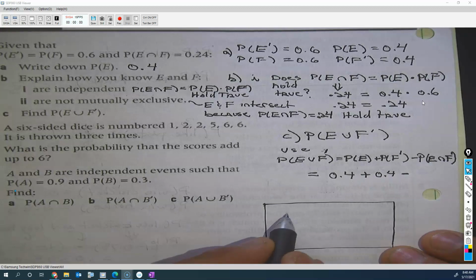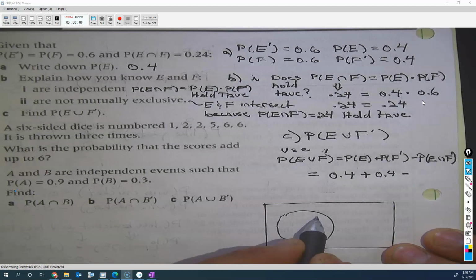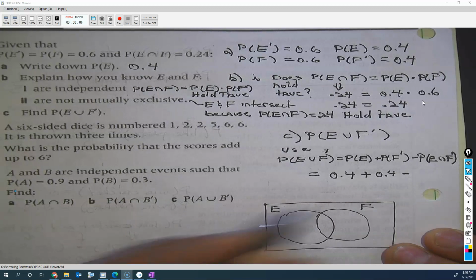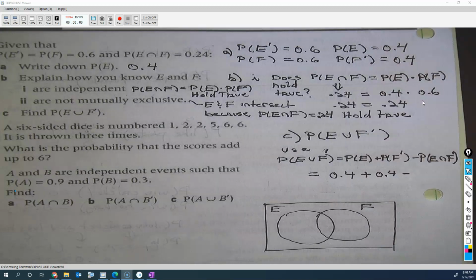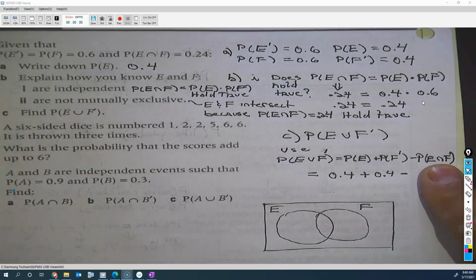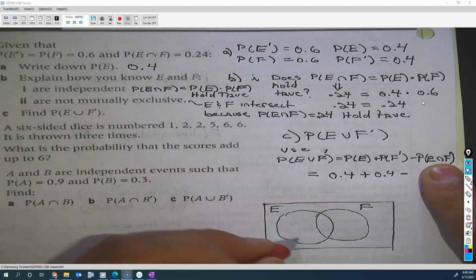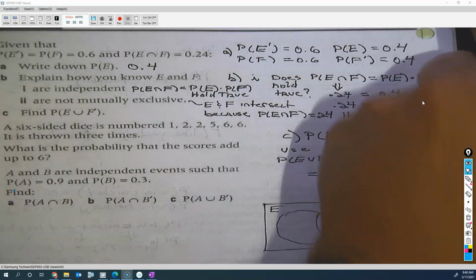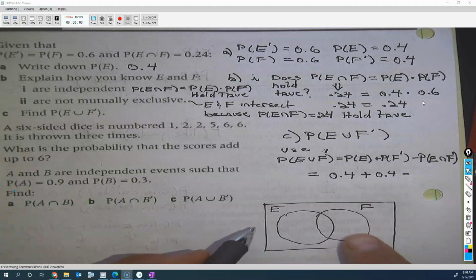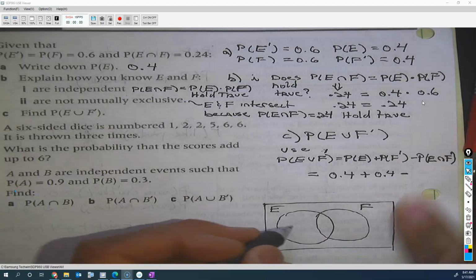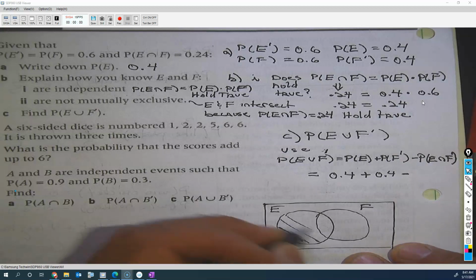Let's take a look at a drawing here so everyone can see why that is. This is E, this is F, and what this one's asking us for is the intersection of E and not F. So here's E, we're looking for the overlap of these two. Not F and E would be that.